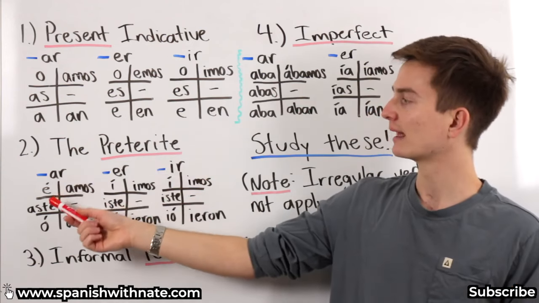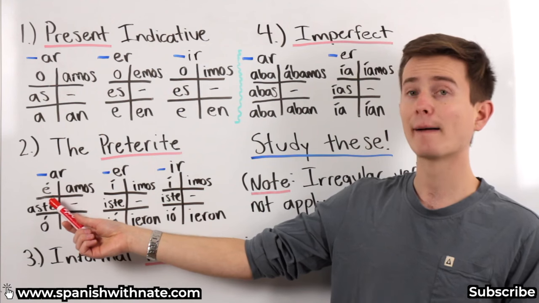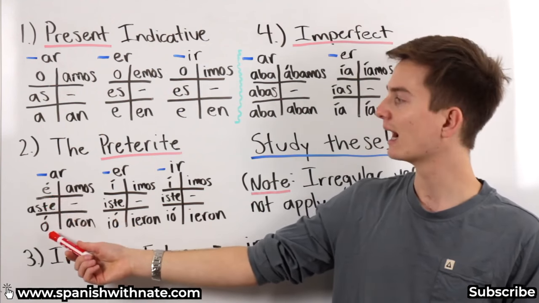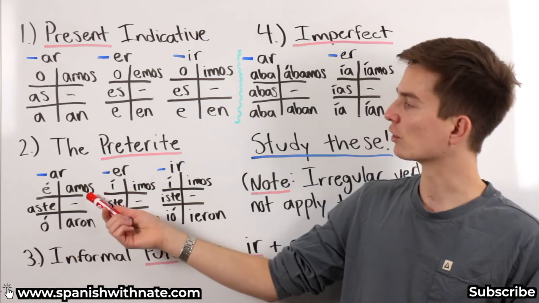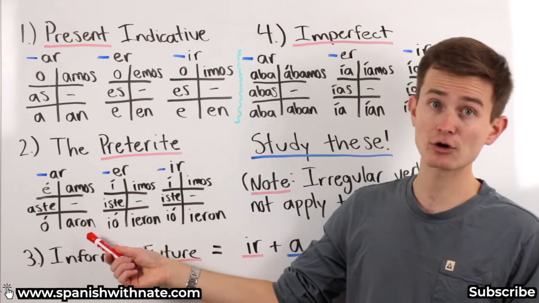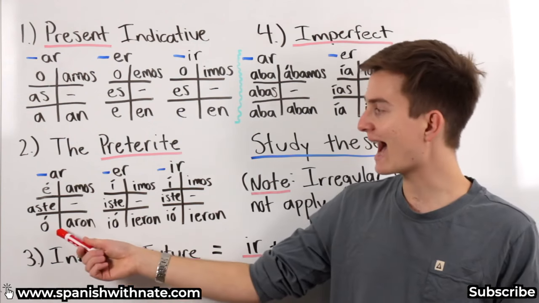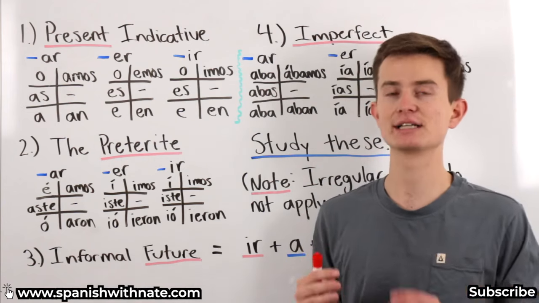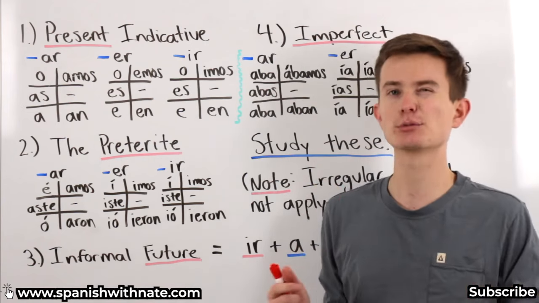AR verbs. Yo hablé. Tú hablaste. Él habló. Nosotros hablamos. Ellos hablaron. Okay? Now, notice the accents here. The accents just tell us, hey, you need to emphasize where you're speaking. You need to emphasize your pronunciation.